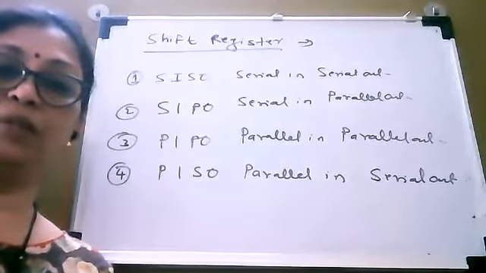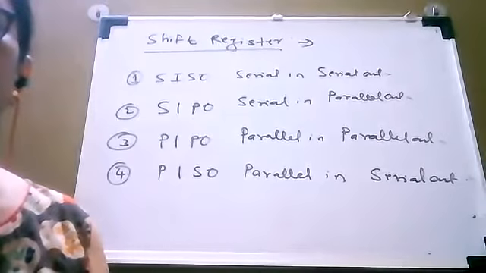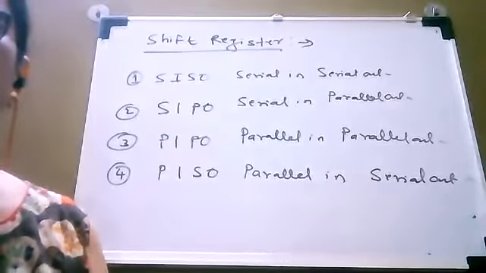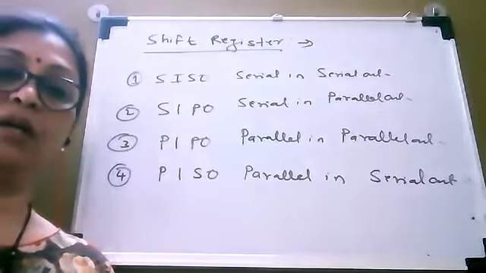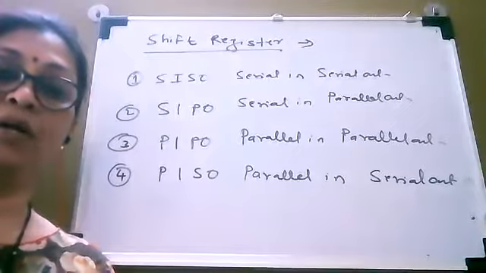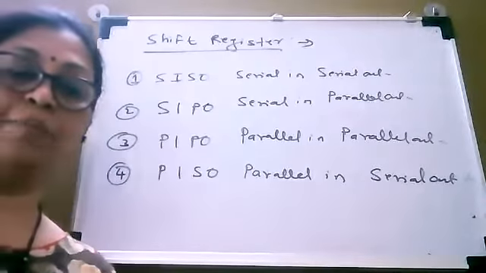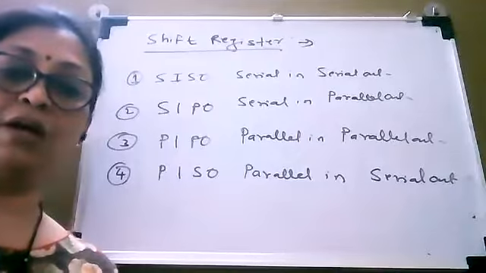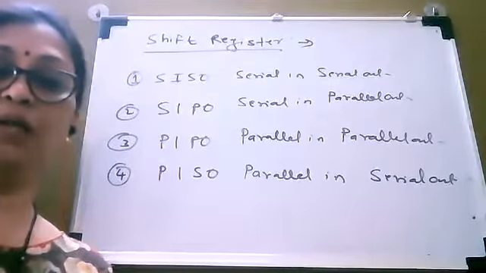Now in the second case, serial in, parallel out, that means data is inputted in a serial way and it is taken out in a parallel way. Parallel means multiple bits are taken out at a time or multiple bits are applied at a time. That way of application or taking out of data is called a parallel type of operation, and serial type of operation is one bit at a time.